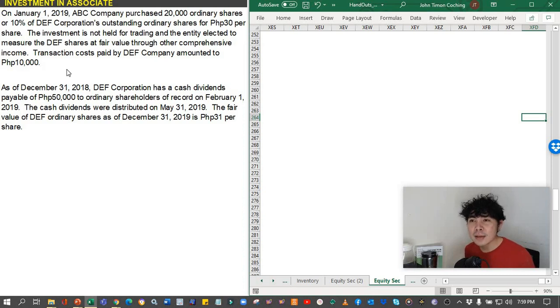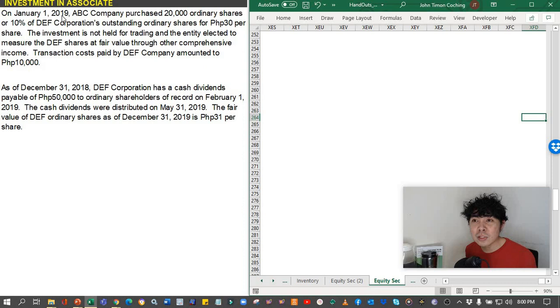However, it says here that as of December 31, 2018, DEF Corporation has a cash dividends payable of 50,000 pesos to ordinary shareholders of record on February 1, 2019. So probably the date of declaration for this dividend is in 2018, and the date of record is February 1, 2019, whereas our acquisition, on January 1, 2019, is in between those dates.